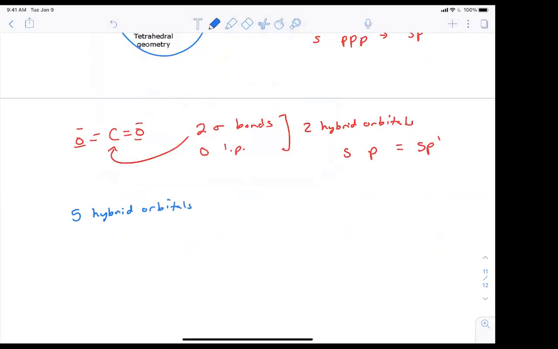But let's say you needed 5 hybrid orbitals. Let's say you needed 5 sigma bonds on a structure. What's your problem here with 5 hybrid orbitals? What's your issue with this?